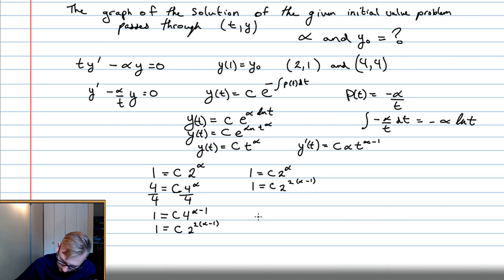We'll subtract the 2 equations. We get 0. We'll subtract the 2. And we've got c times 2 to the alpha minus c times 2 to the 2 alpha minus 1.